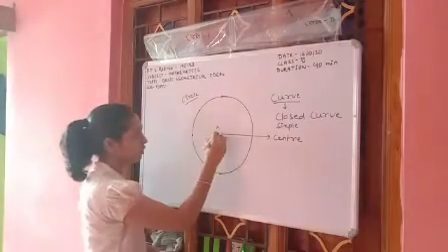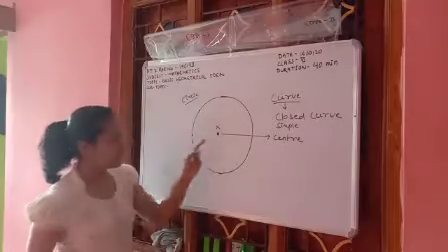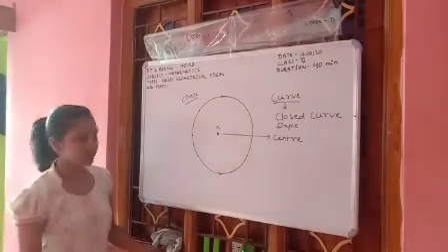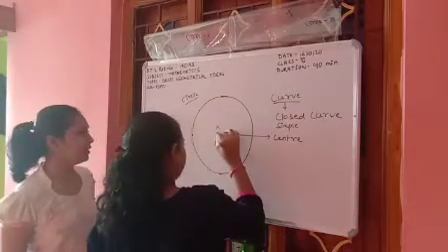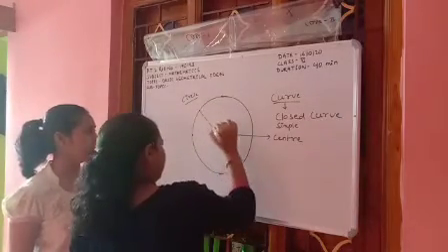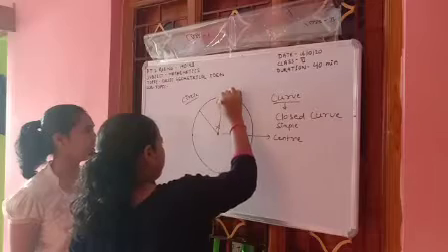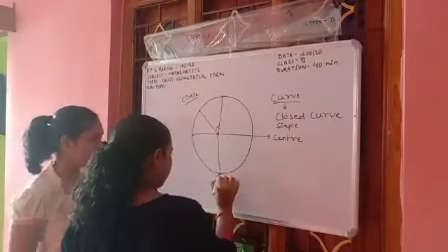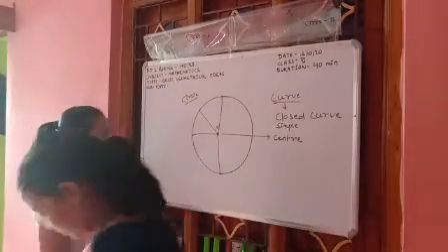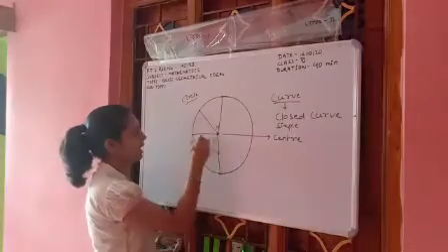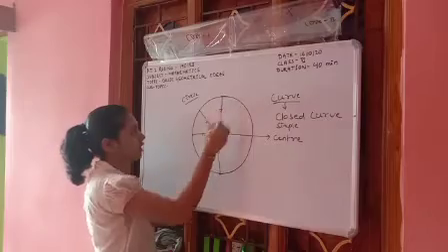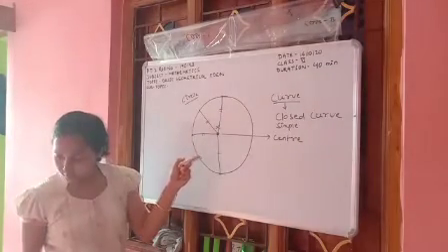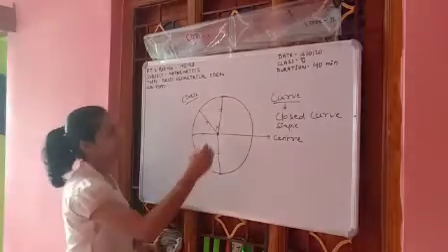Come here and draw the same, from the center to any point on the circle. Very good. Sit down. See, do all these line segments seem equal or not?